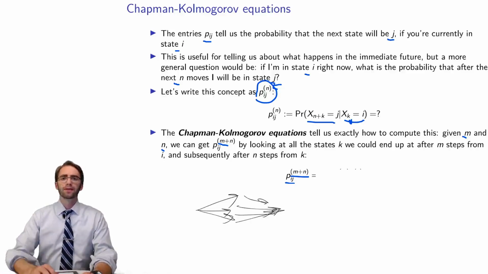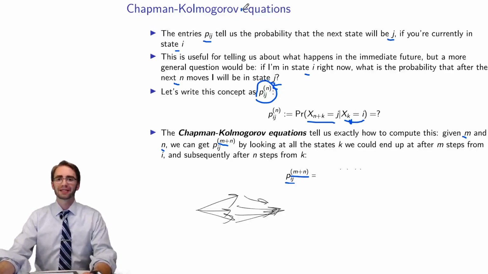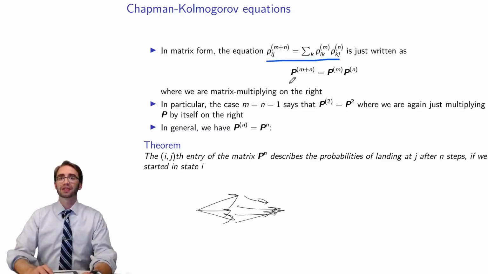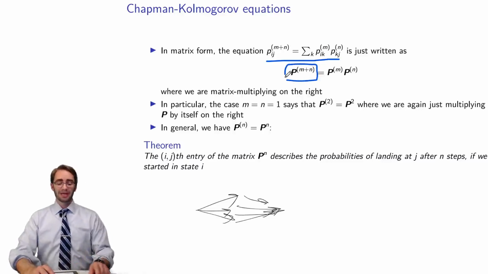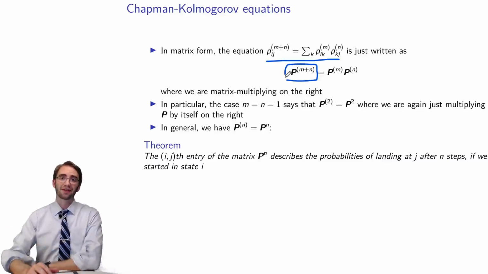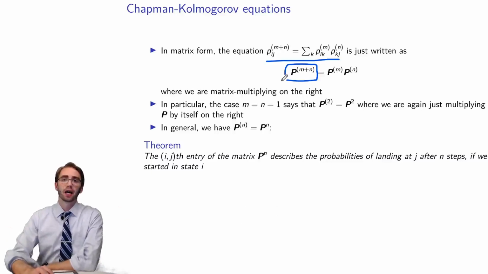Now, if you remember your linear algebra, actually you can say something about this summation. This summation is actually just a matrix product. So in matrix form, that statement that I just wrote looks like this. If I wanted to write a matrix P(m+n), where P(m+n) is the matrix of probabilities after m plus n time steps, what I've worked out here is that that's equal to P(m) times P(n).